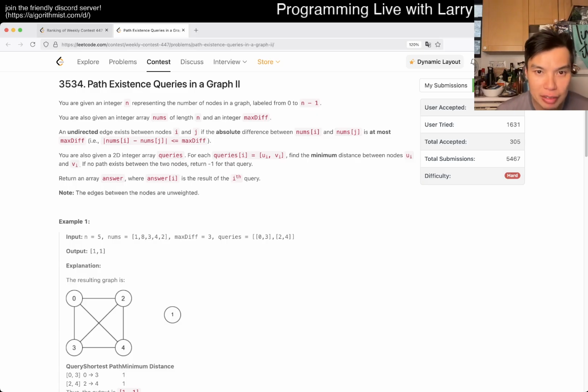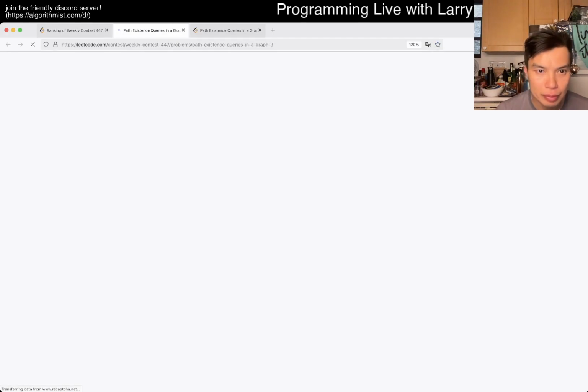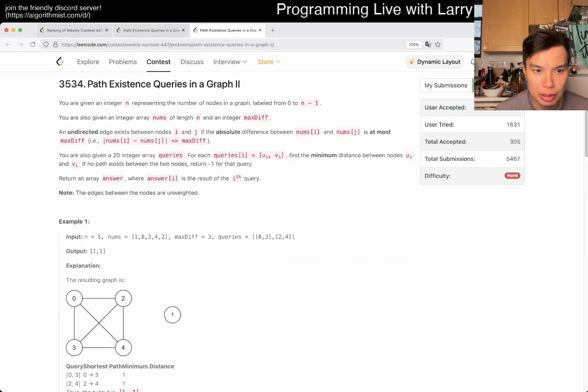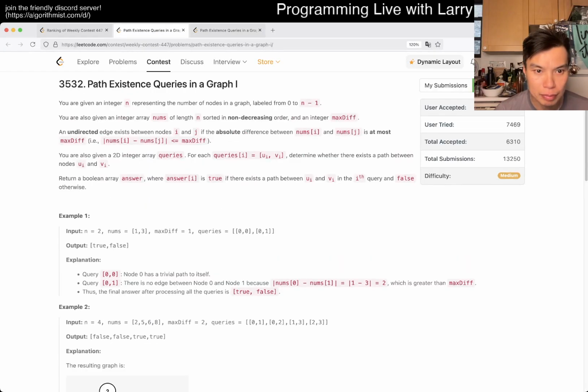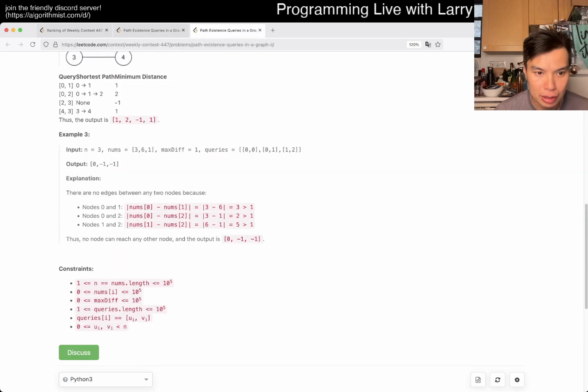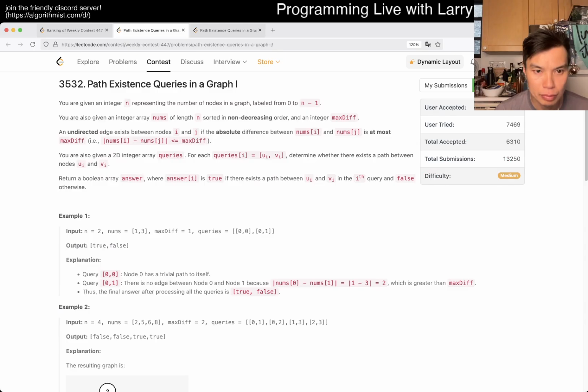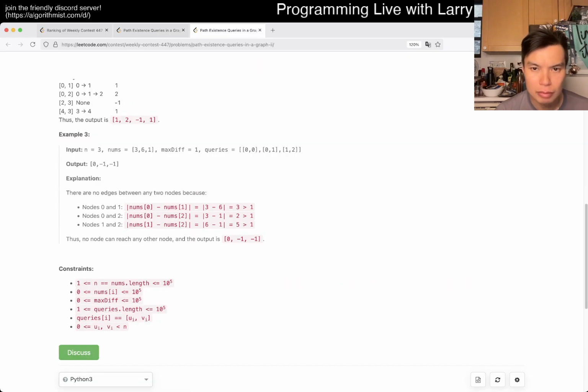Alright, given integer n, number of nodes. Oh, so this is the same as Q2 or something? Okay, what's the difference? Difference is it's not sorted. Okay, so that's why. Is it that hard though?